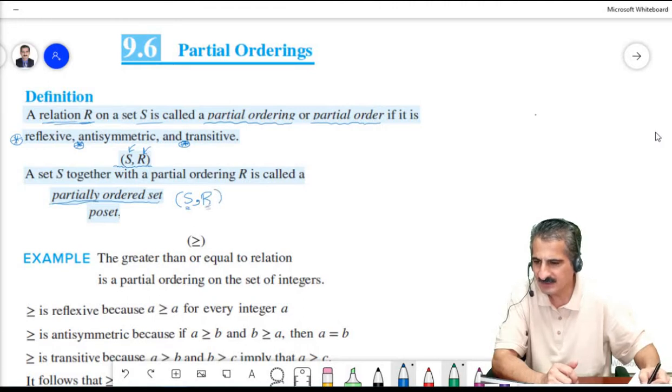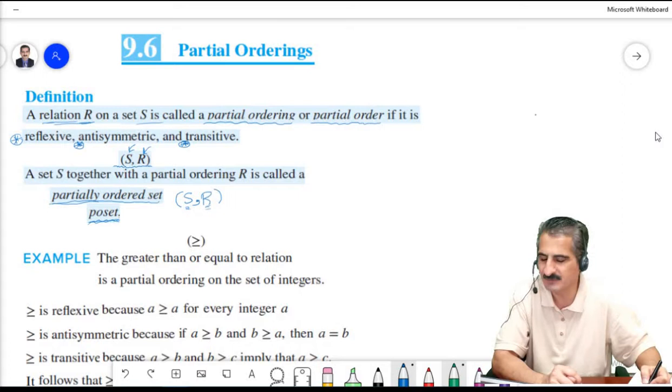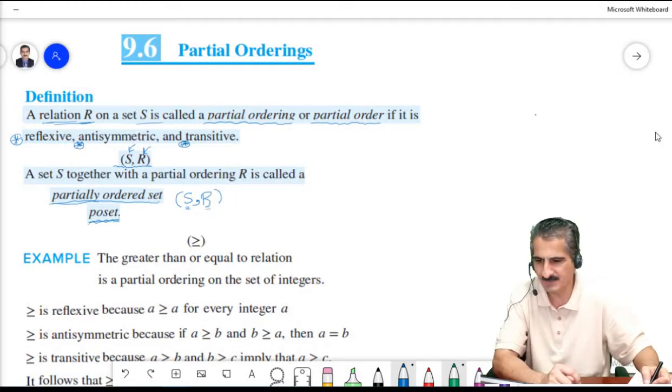It is abbreviated POSET, partially ordered set. This is a very important concept in mathematics and computer science. So a partially ordered set is a set with a relation which is reflexive, antisymmetric, and transitive.